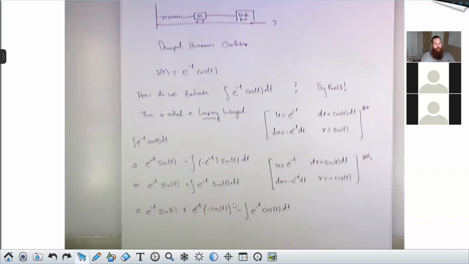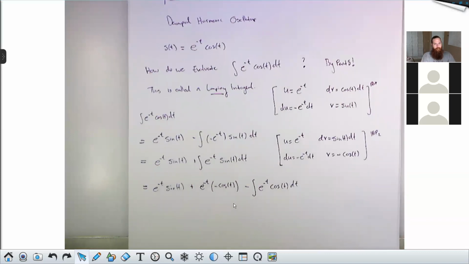And then you stare at this for a minute. The integral I want is equal to this stuff minus the integral that I want. Let me arrange this in one line.